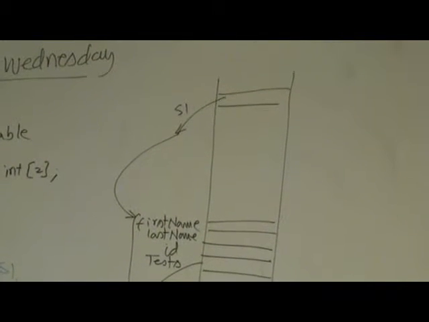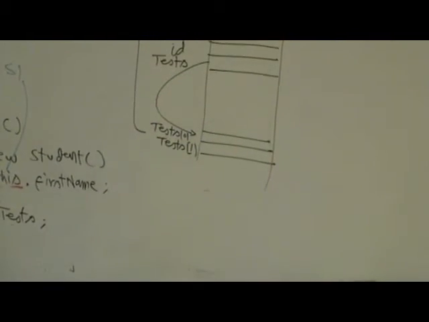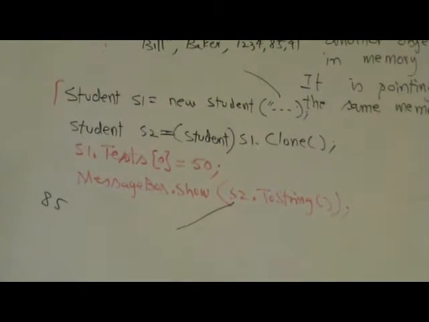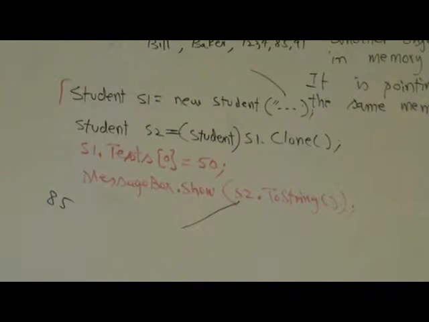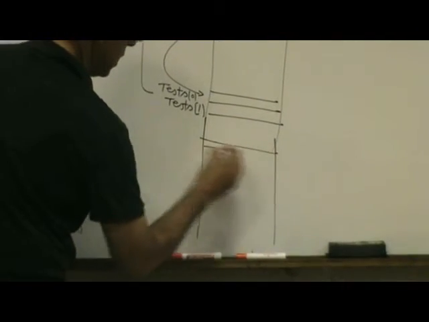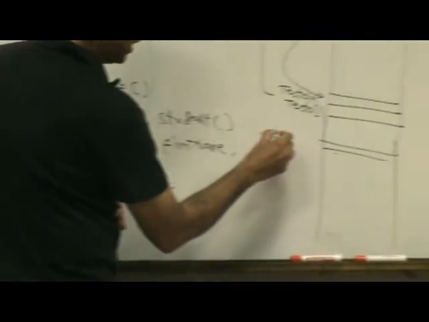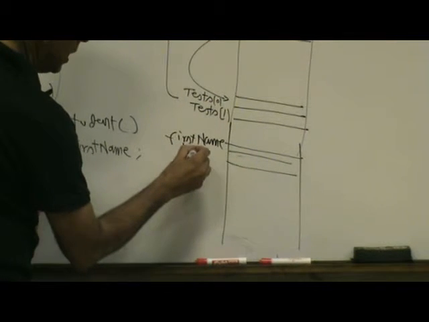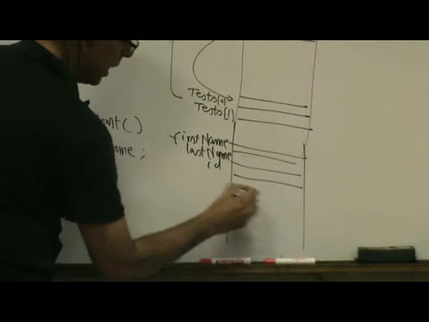Okay, so now all of this memory is being pointed to by S1, correct? Okay, so now let's come over here. Somebody creates S2 equal to S1.clone, right? So we call the clone method. So what will the clone method do? It will also create new memory, correct? ST equal to new student. So we'll create first name, last name, ID, okay?